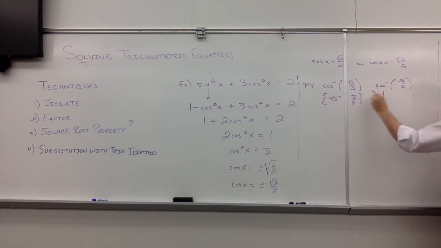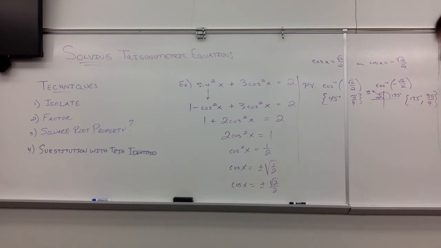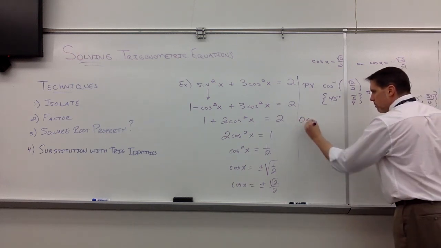So it's a reference of 45 in Q2, which does give you that 135-degree answer that you saw in the calculator. So we got 135, or that is 3 pi fourths. Hopefully that's not off the screen, is it? No, we got it. 3 pi fourths.